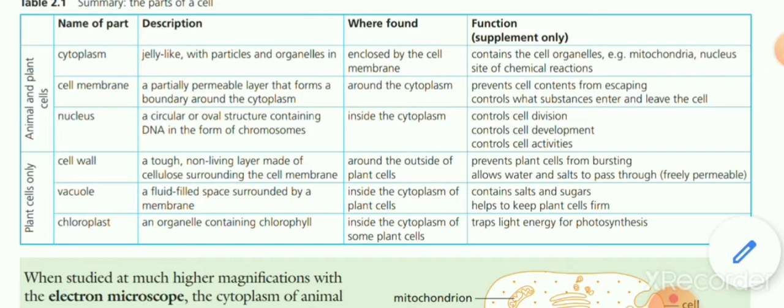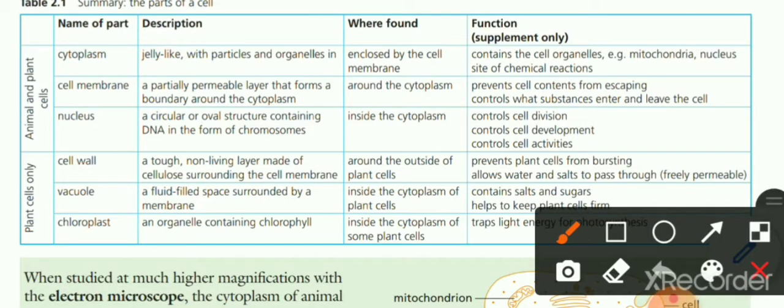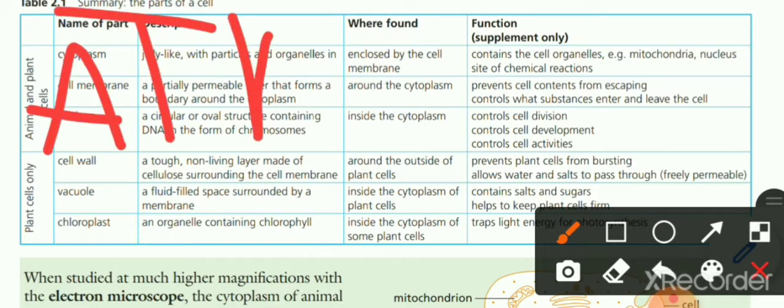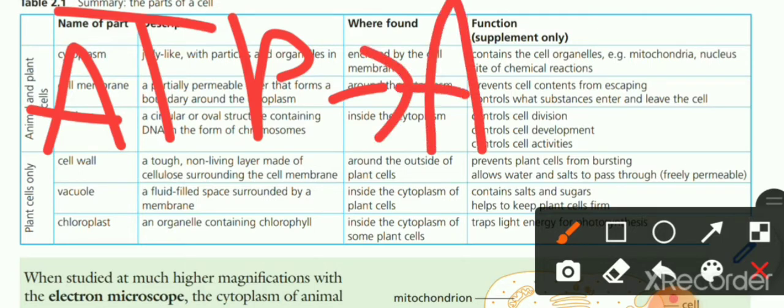Next is, what is its function? Its function is to contain the cell organelles, just like mitochondria, whose role is to provide ATP or energy to the cell. How does ATP provide energy to the cell? Just for the sake of concept, ATP is basically adenosine triphosphate. It contains three phosphates attached to the adenosine molecule.